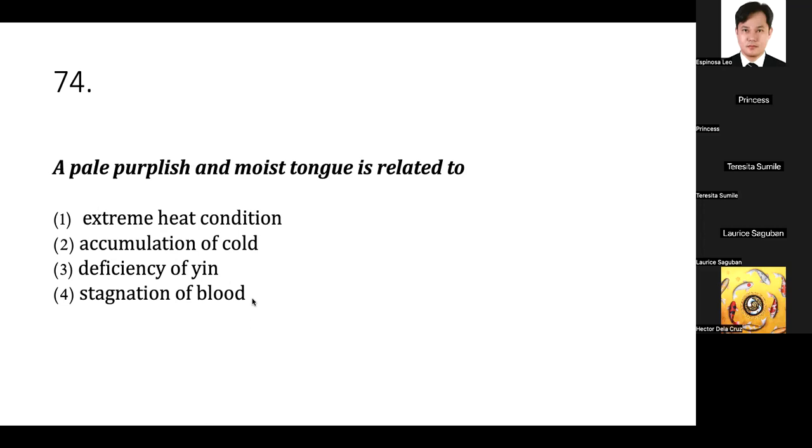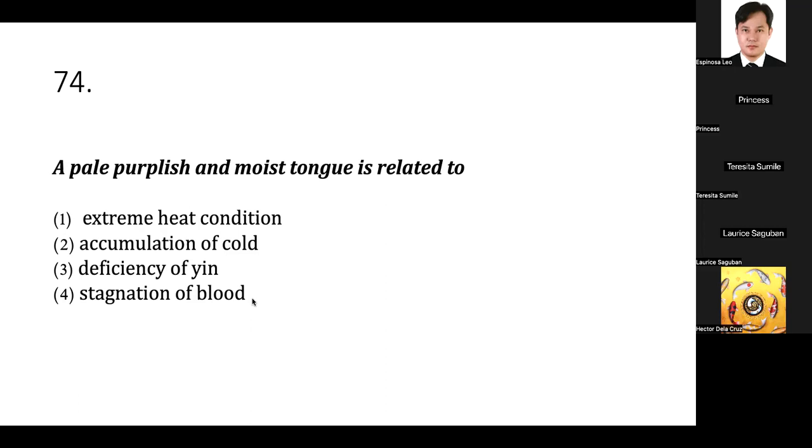Appeal, purplish and moist tongue is... Kailangan mo siguro palitan yung salamin mo. Oo nga, Doc, nahihirapan ako sa salamin ko. Tanggalin mo kaya yung salamin. Nearsighted ka ba? Parang hindi ko nakikita, Doc, pag di tinanggal ko yung salamin ko.